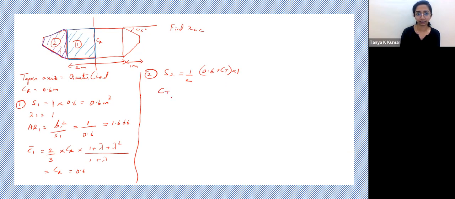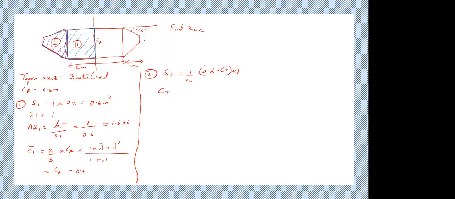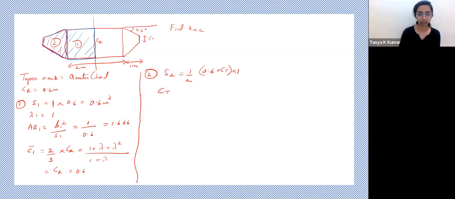How do you find out CT? We have the taper angle, ma'am. Yes. So this is CT. Let's try to find it out. How do you proceed? It is based on the angle, but try to figure it out.